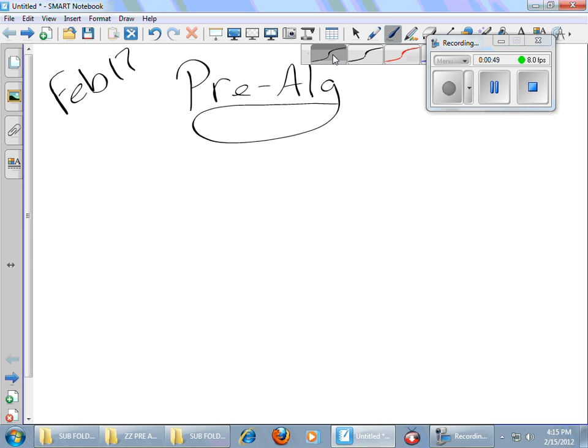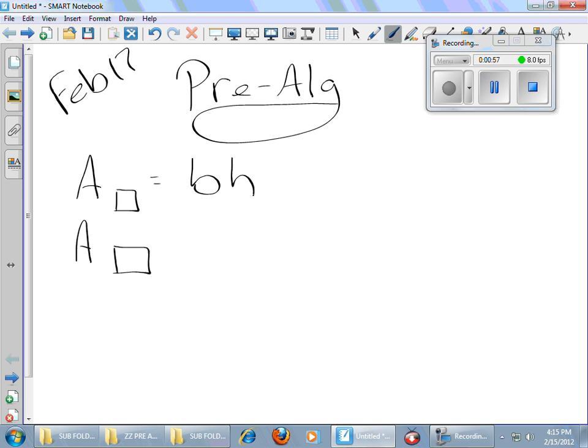We need to review the formula for the area of a square. We like to use base times height. The area of a rectangle: base times height. Now hopefully you're writing these down. If you're not writing these down, you're going to be at a huge disadvantage in a little bit. All right, the area of a parallelogram: base times height.